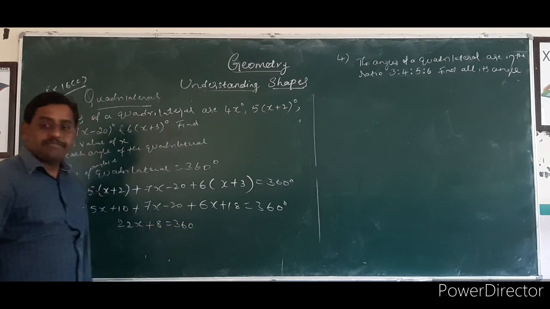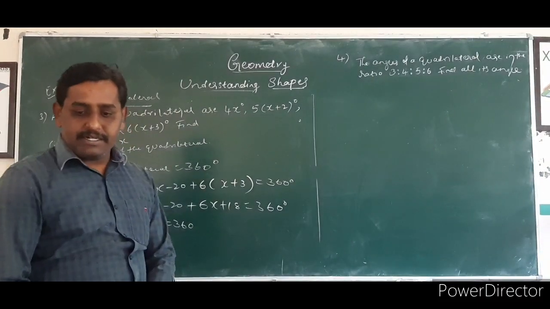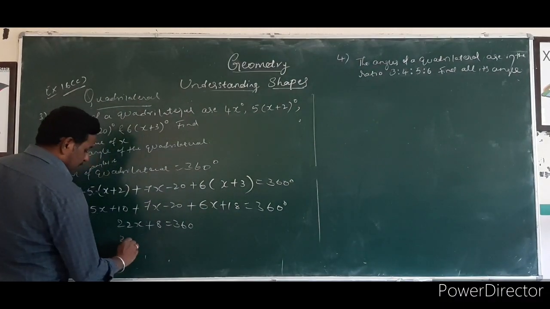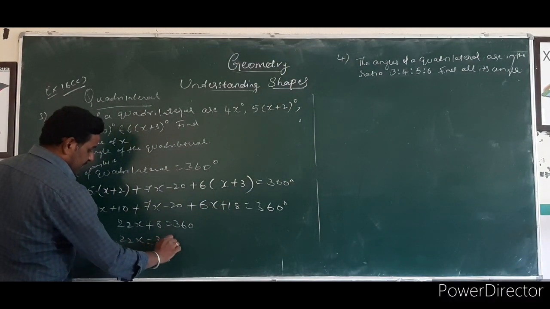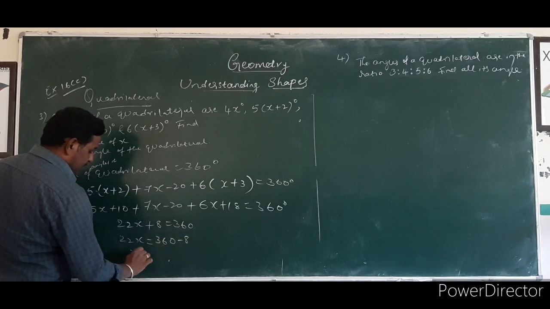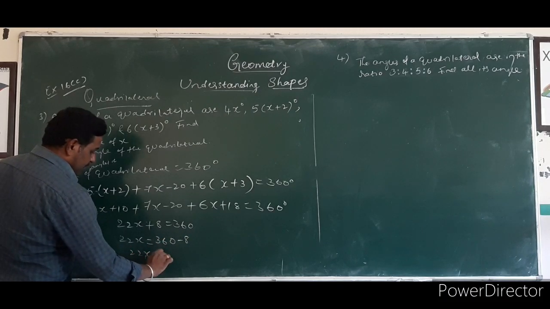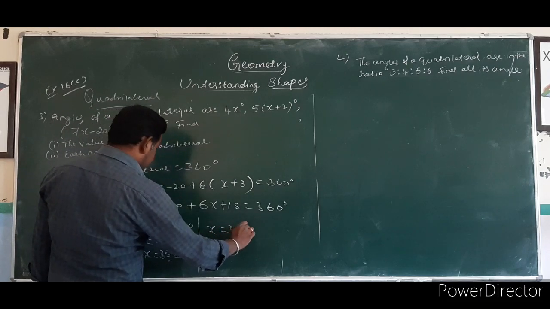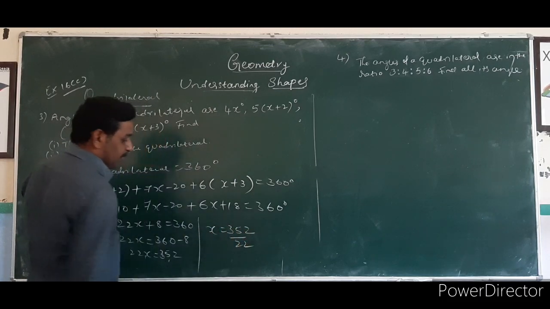So 22x plus 8 equals 360 degrees. Shift the 8 to the other side, minus 8. 22x is equal to 352. So x is equal to 352 divided by 22.